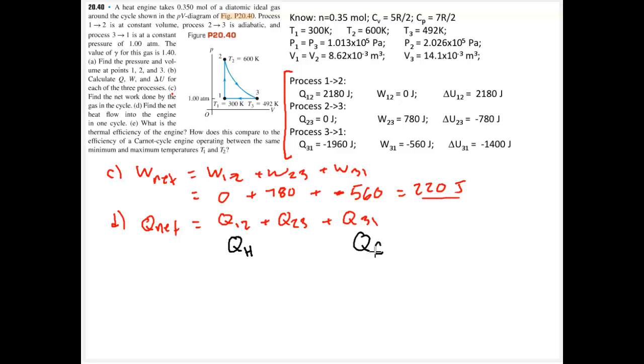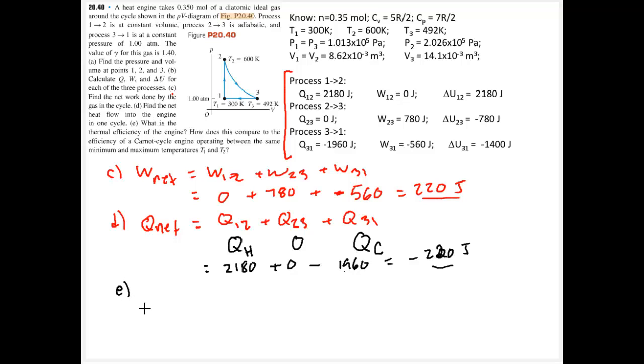Q31 is negative, that's going to be the heat flowing essentially out of the system, that's going to be QC, and this one here is actually just going to be 0. So now that I've made that clarification, Q net is going to be 2180 plus 0 minus 1960, and that's going to come up to, not surprisingly, 220 joules. The internal energy of the system hasn't changed, so these two should be the same but negatives.